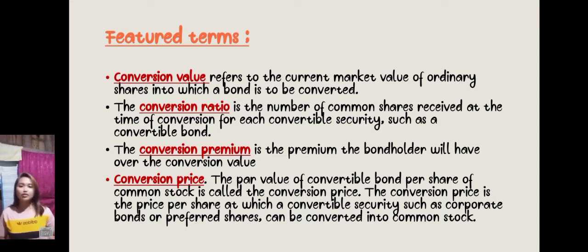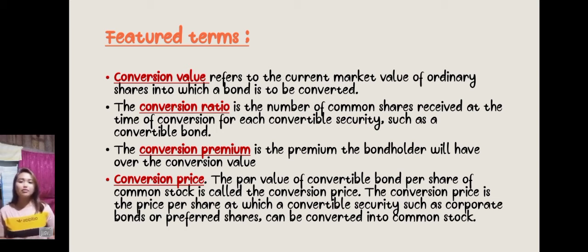The third one is the conversion premium. It is the premium the bondholder will have over the conversion value. A convertible security that is trading at a price above its conversion value is said to have a conversion premium. This makes the security valuable and desirable. A convertible security is considered busted when it is trading at a price far below its conversion value.